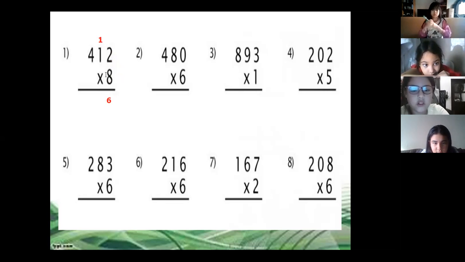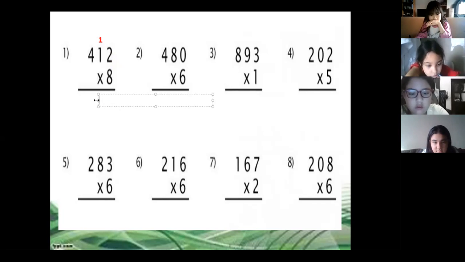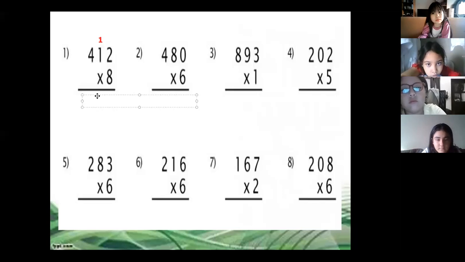Now we continue multiplying. 8 times 1. 8. Thank you, Rebecca. Plus 1. 9. Remember that we add the number that we regroup. Now 8 times 4. 24.